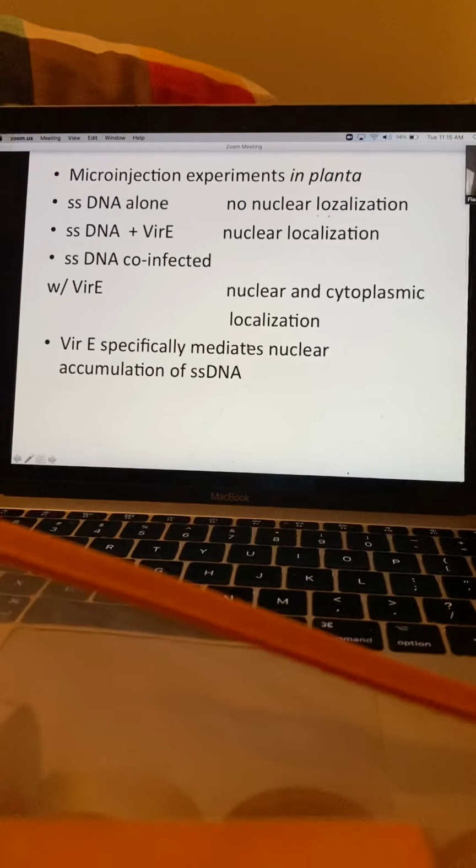So VirE really is the major player in moving the tDNA into the nucleus of the host cell.